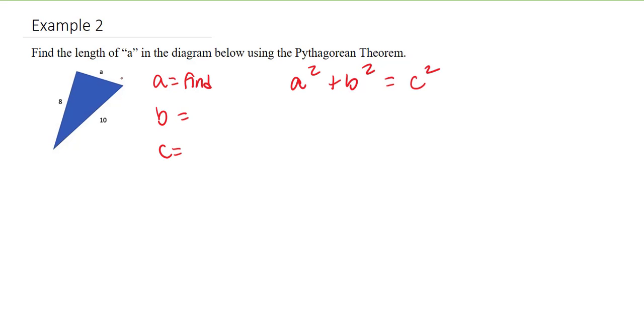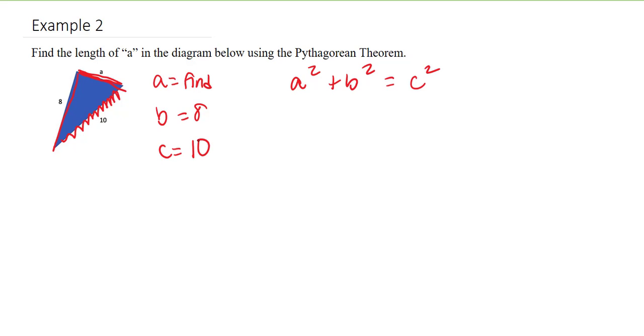A looks to be kind of like the height of this triangle. B looks to be here, which is the length. And then the hypotenuse, which is the longest side, always the longest side is going to be the hypotenuse, which will be our C, and that's 10.